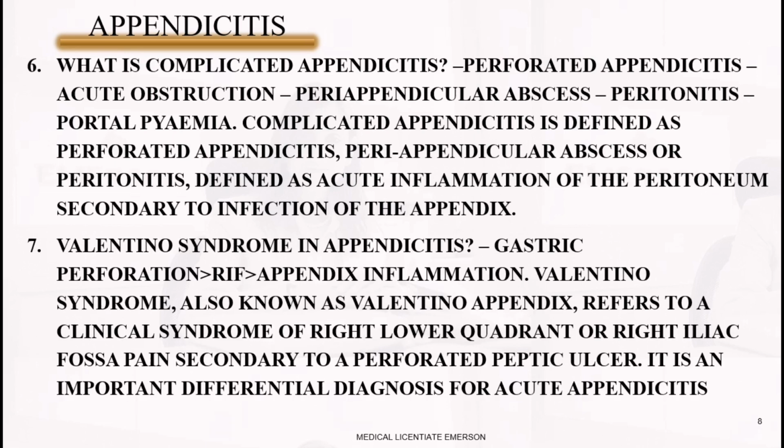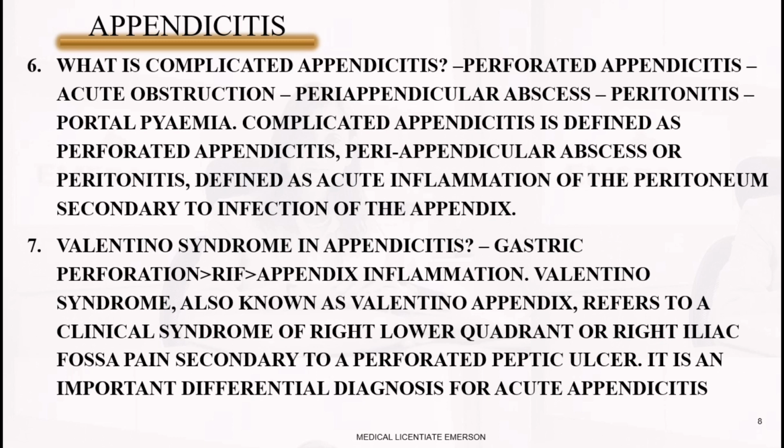Then there is what they call Valentino syndrome in appendicitis. This is when there is gastric perforation. So someone with a gastric perforation, and the blood goes into the right iliac fossa and the appendix becomes inflamed secondary to gastric perforation.